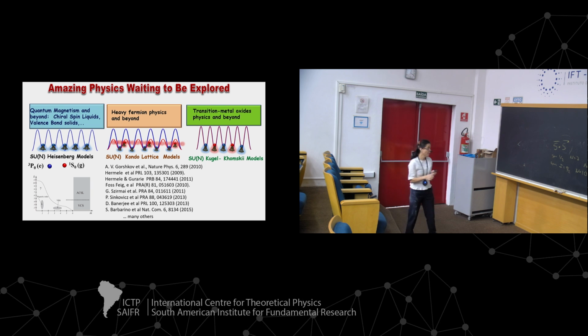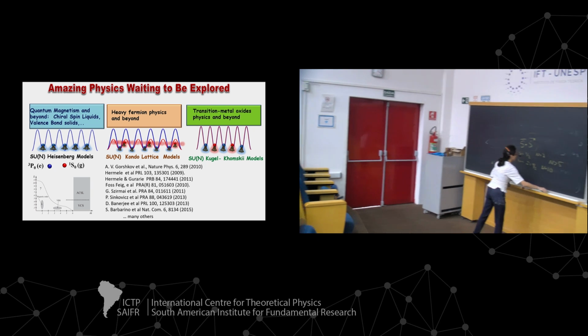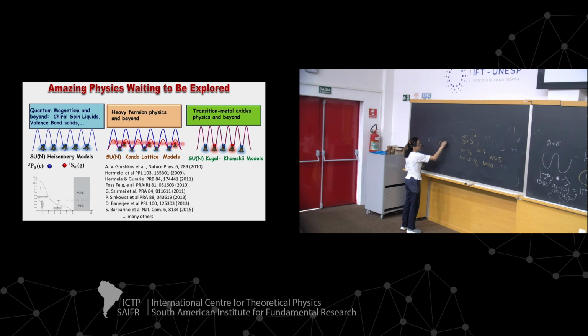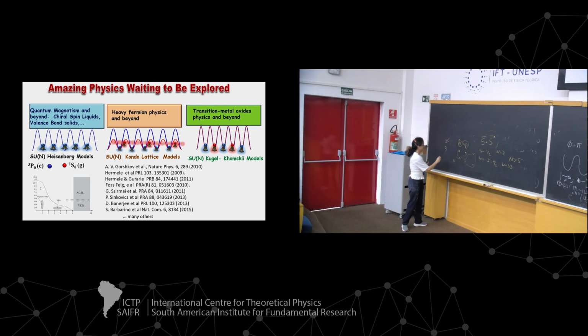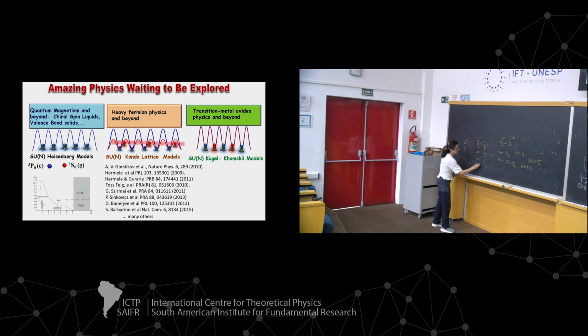For a spin 1/2, you can form a singlet between two sites. For 3 flavors, in a square lattice, you can form some type of order within the plaquettes. For 4 flavors, you can form singlets between the different flavors.